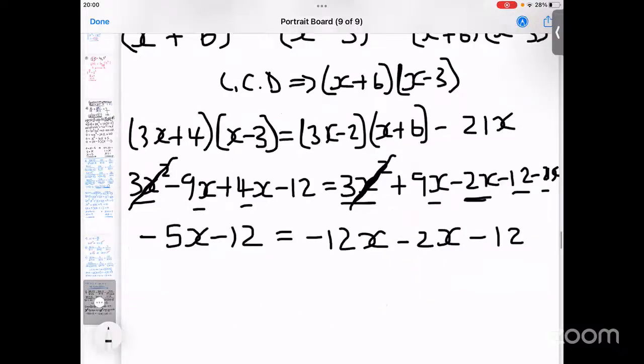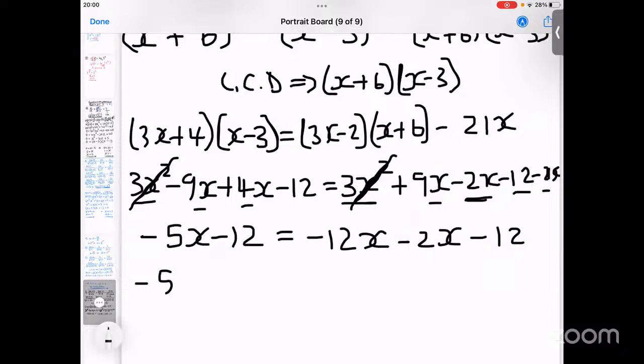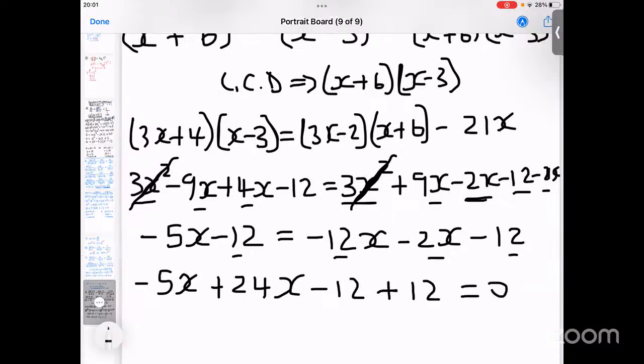Yes. Okay, let's see. So what will be that and that? It will end up being a minus 24x. You take it to the other side, it becomes positive 24x. And then obviously you have that minus 12. You take this 12 to the other side, it changes the sign, it becomes positive 12, equals 0.